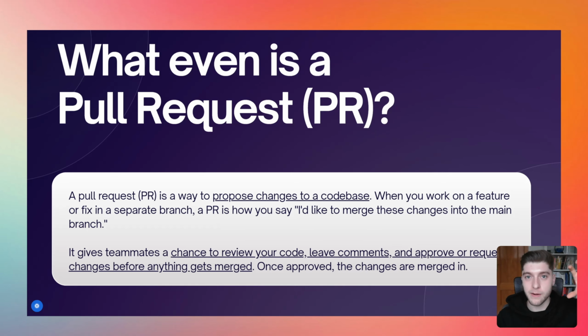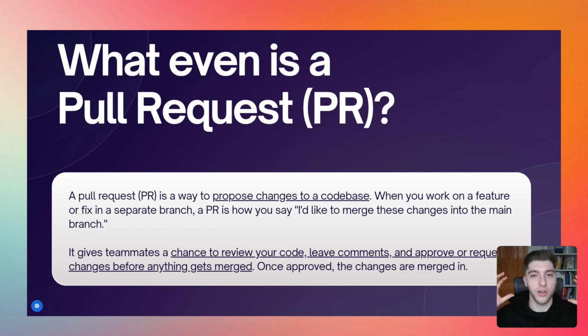So we have the main branch, where all of the code from our project is, and then we have a separate branch where we want to implement some changes. When we create a pull request, we're saying essentially, hey, this branch that I've created with these changes, I now want to merge onto the main branch.